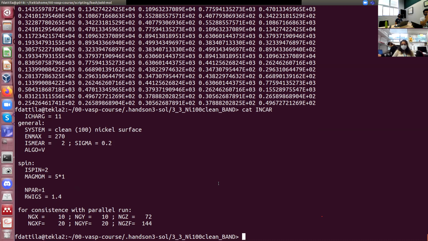Exactly. But in principle, if you wanted to run the system better, you may have put these values in the 3.1, increasing them. So if in the 3.1 you put this line with like 50, 50, 288, then you get more discretization, and in principle all your electronic properties will be better, but it will also take more time.